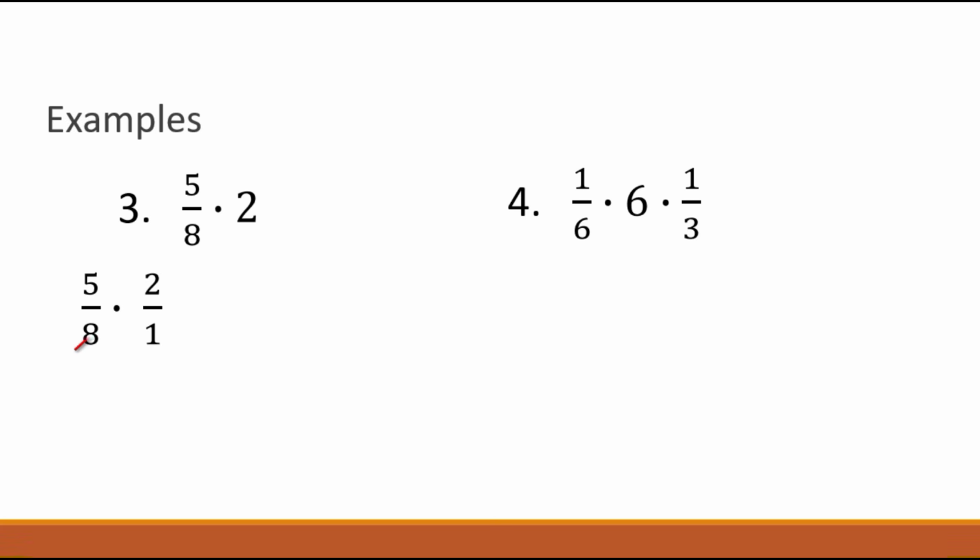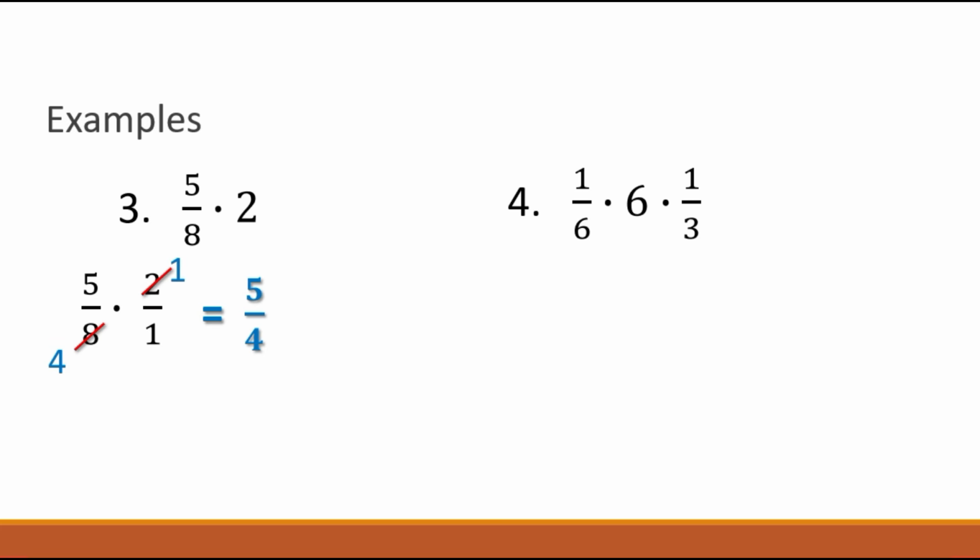We can cancel out 2. Cancel 8, cancel 2. So 8 divided by 2 is equal to 4. 2 divided by 2 is equal to 1. Next, let us multiply. So 5 times 1 is of course 5. And then 4 times 1 is equal to 4. The answer is 5 over 4, or that is equivalent to 1 and 1/4.